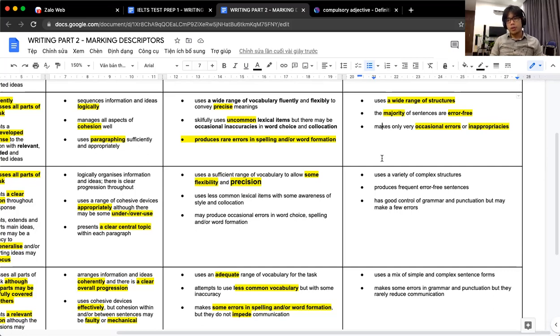The thing about inversion is that it is a very fancy way of writing. So unless you are writing something very fancy and your writing is really superb already, like ideas, coherence, cohesion is superb, vocabulary is superb, ideas superb, text response superb, then maybe inversion. But if not, right, then you should not use that. For one simple reason, imagine your essay is full of errors, and then you have something really fancy. They don't just go with each other.